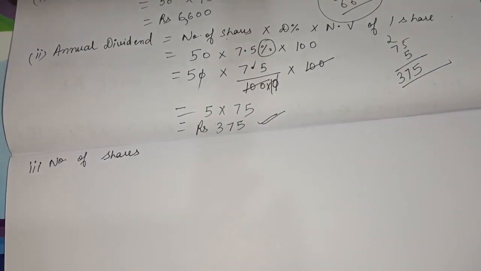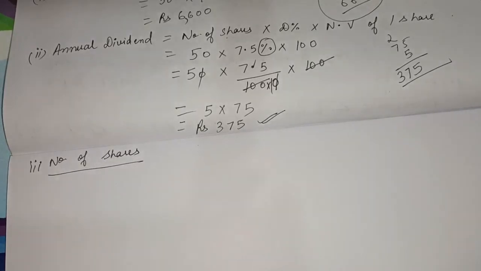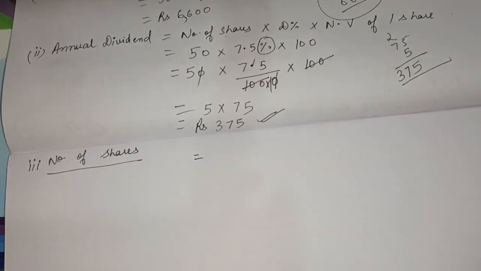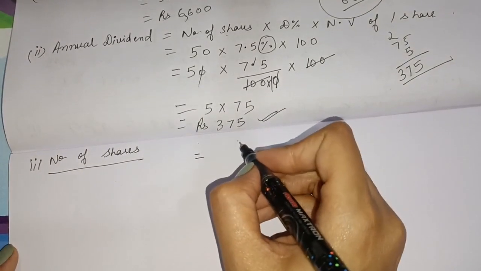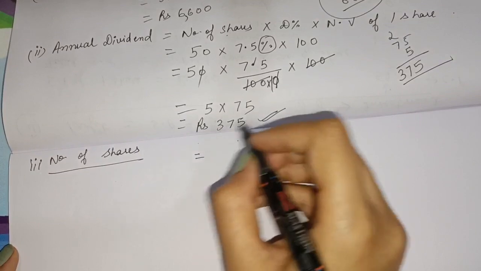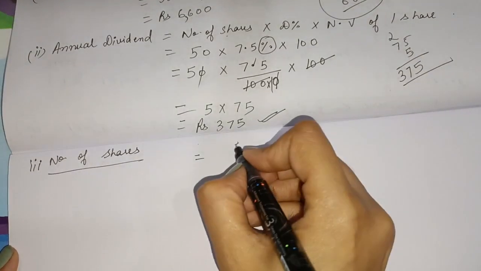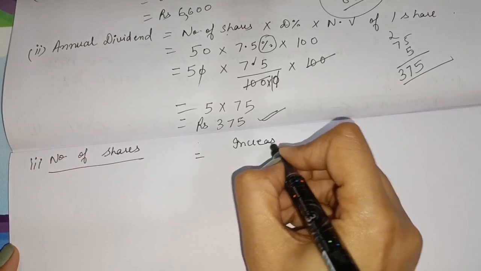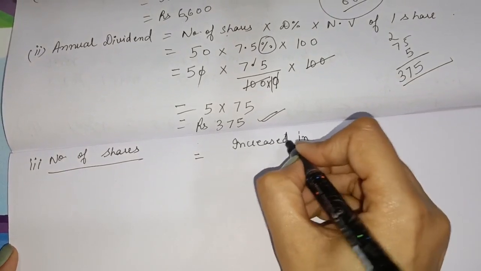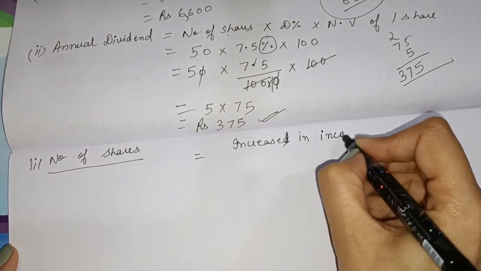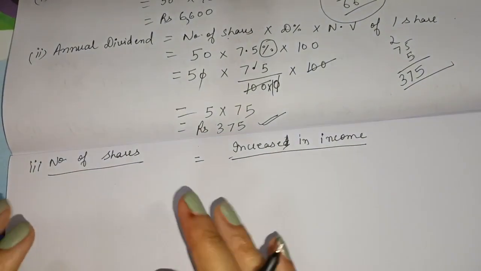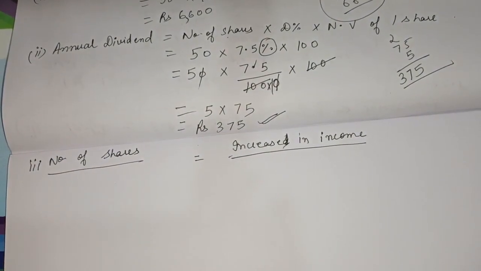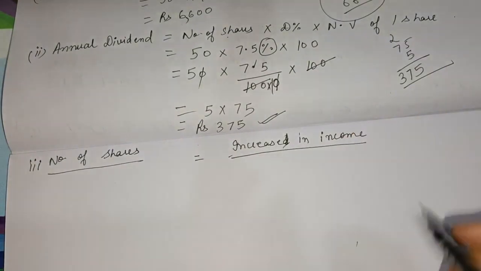So always remember one thing, anytime when you have to find number of anything, always divide two things. So here what is given to us? Here income is given to us, like how much income he wants to increase. So increase in income is given to us. So always when you are finding the number of anything, divide two things.